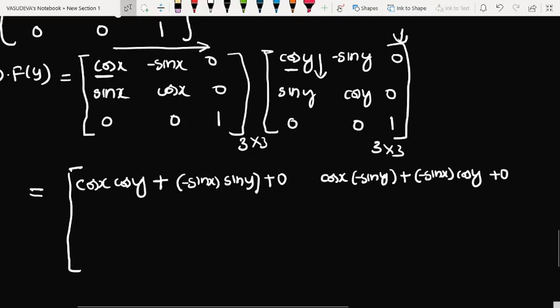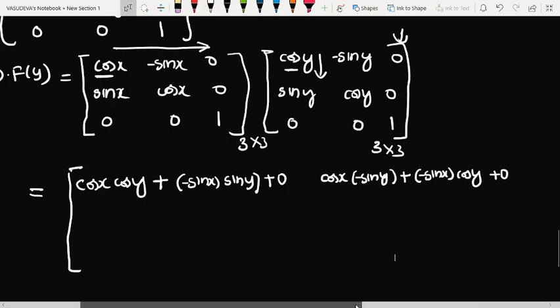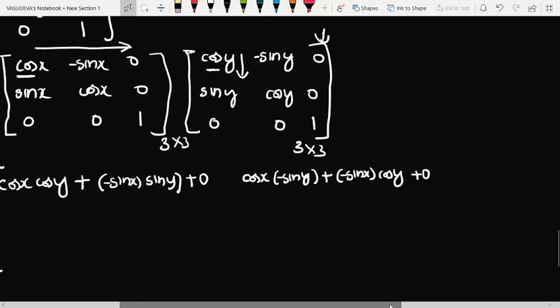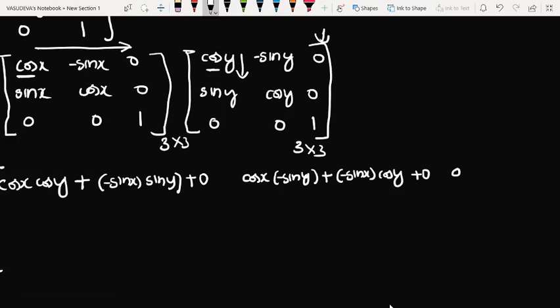Then the next thing is the first row and the third column of the second matrix. So first row: cos x into 0 is 0, minus sin x into 0 is 0, plus 0 into 1 is 0.